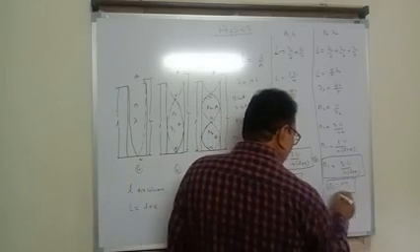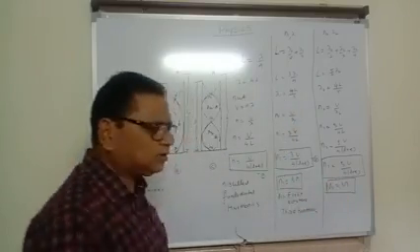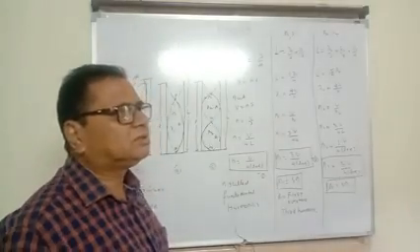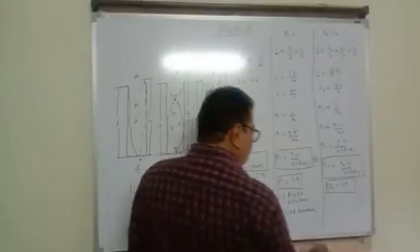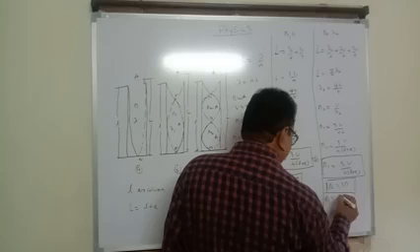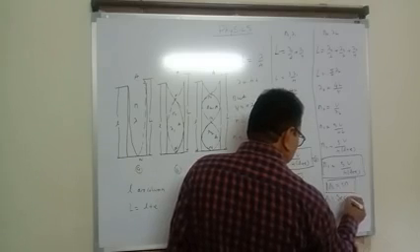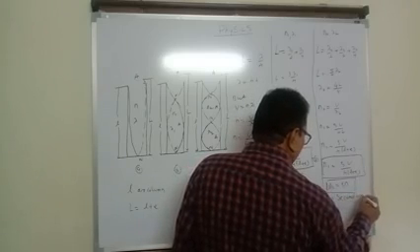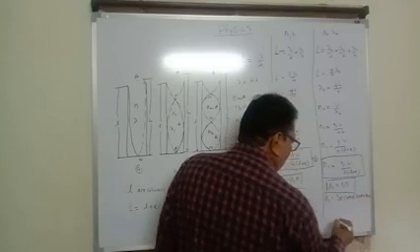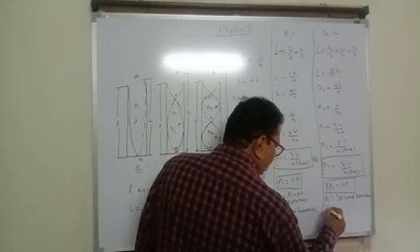Hence the frequency of vibration in this mode of vibration, N2, is called second overtone, or it is called fifth harmonic.